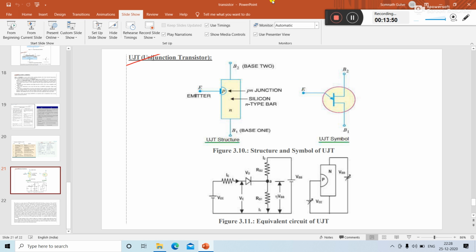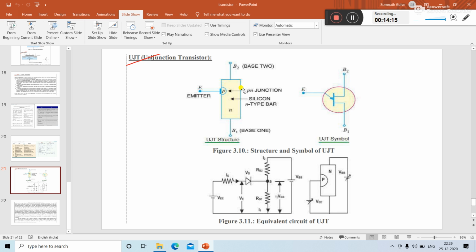The basic construction of a UJT is seen over here, in which it consists of an N-type silicon bar, this slab is a bar, and P-type doping is done, from which we draw the emitter terminal. Now there is a depletion layer formed here.